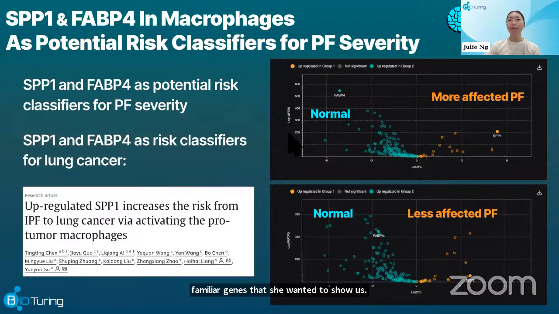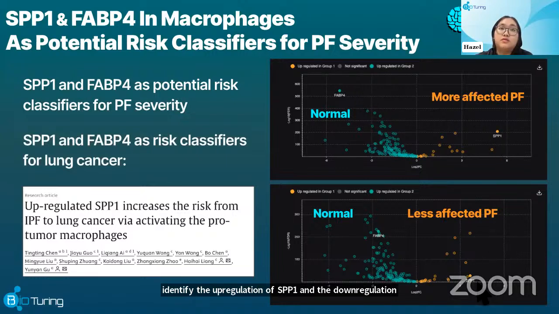Yes, so again, I performed a DEG analysis, but this time I'm looking into our macrophages. I performed two different DEG analyses, one where I compared our normal versus our more affected, and the second where I compared our normal versus our less affected. You can see how in both analyses I was able to identify the upregulation of SPP1 and the downregulation of FABP4. You can see the same pattern, and in the more affected PF lung, the upregulation and the downregulation increase.